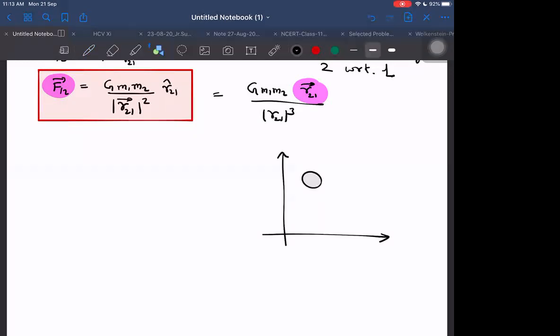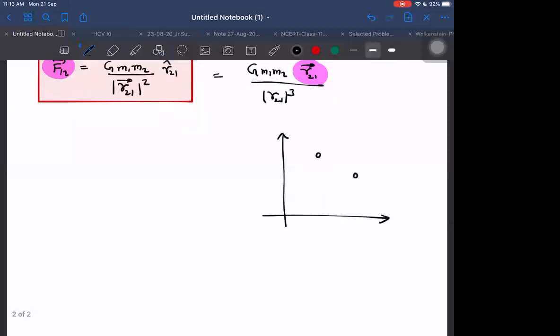So the formula which we have derived is applicable for a particle actually. But by some theorem, which we call the shell theorem, we are able to prove that if it is valid for a particle, then it is also valid for any spherically symmetric mass distribution.